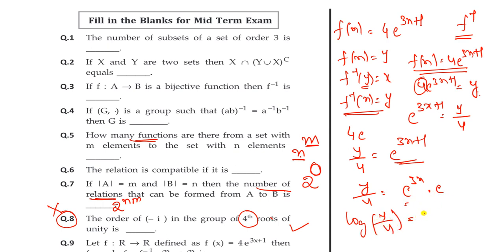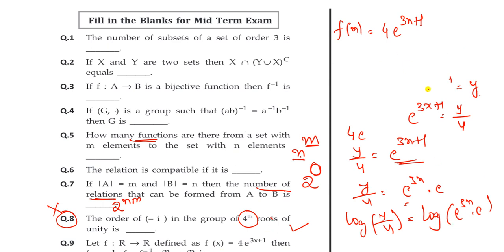So log of e to the power of 3x into e. You know the formula for log a by b, right? It is log a minus log b.